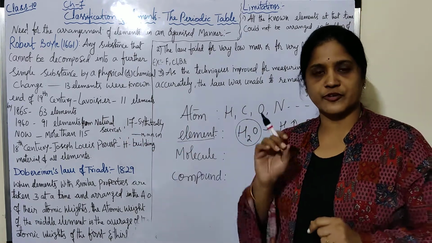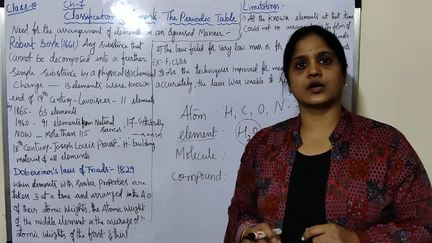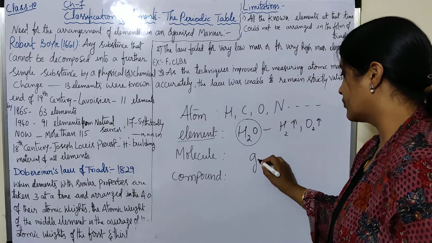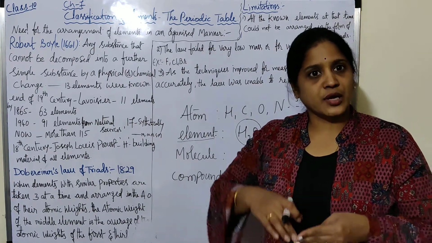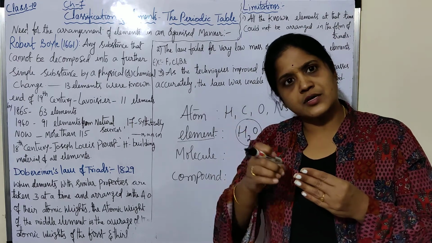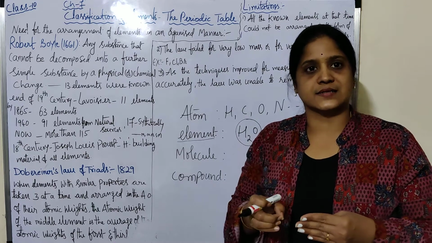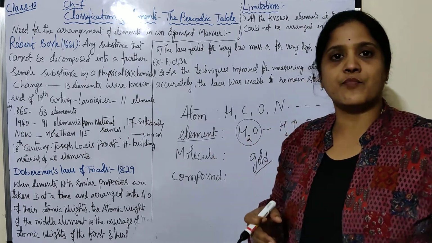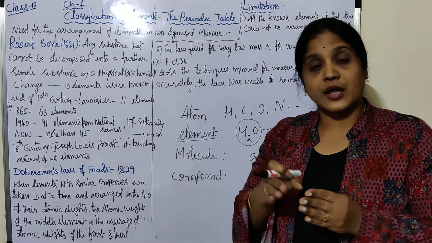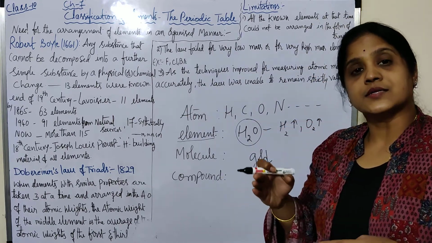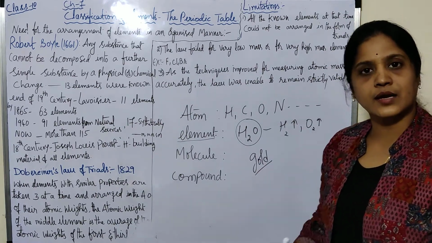For example, if you take pure gold, by physical or chemical change you can divide it into small parts, but you cannot decompose it into another substance by physical and chemical process.